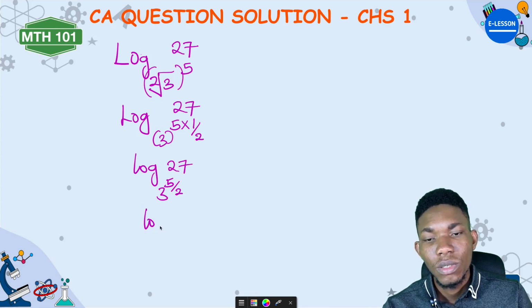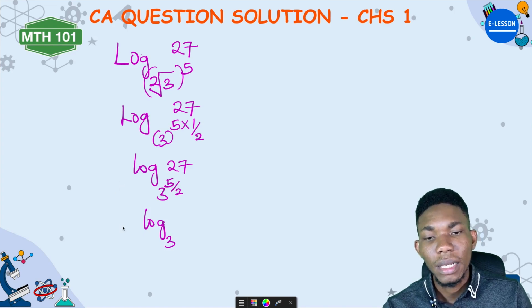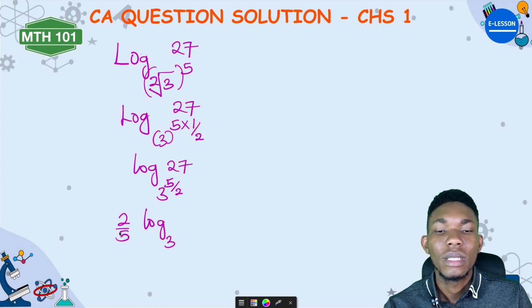Is that okay? So this will give us log 3. Now, everybody knows something. This 5 over 2, if it crosses to the back, it turns to 2 over 5. Is that okay?